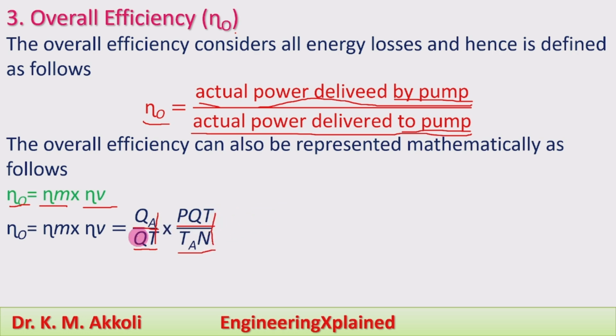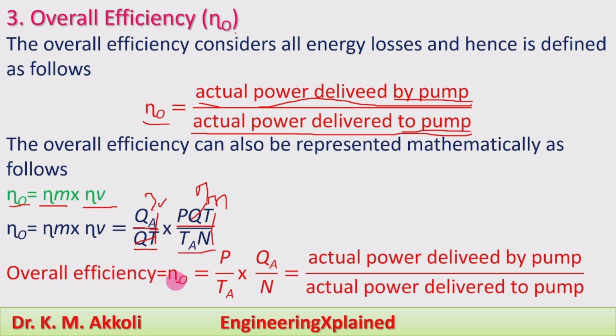If you multiply eta v and eta m, the QT gets cancelled, and the overall efficiency can be written as P into QA by TA into N, that is, the actual power delivered by the pump to the actual power delivered to the pump.